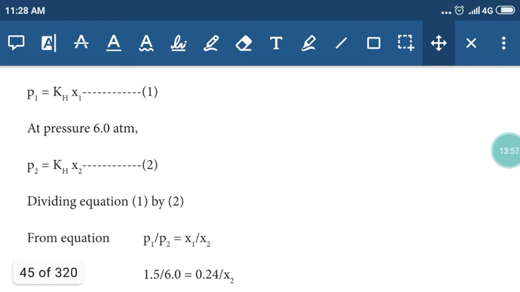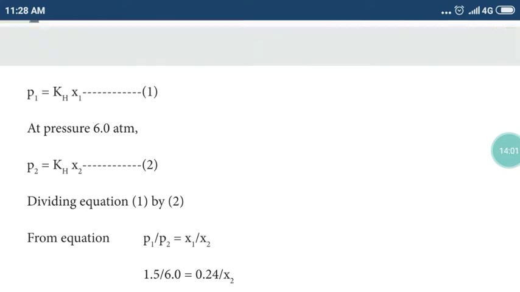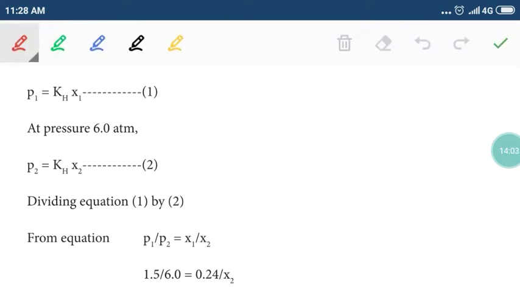So two different pressures are there, 1.5 as well as 6. According to Henry's law, P is equal to kh x. P is the partial pressure, kh is the constant, x is the mole fraction. So we take equation 1, P1 is equal to kh x1.